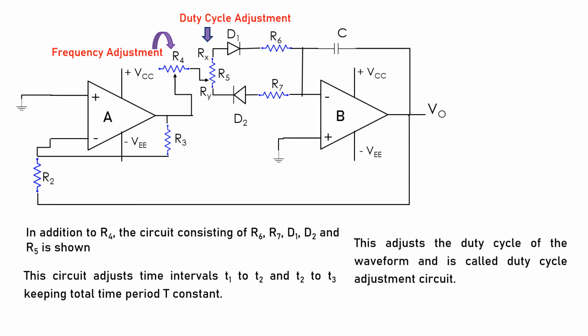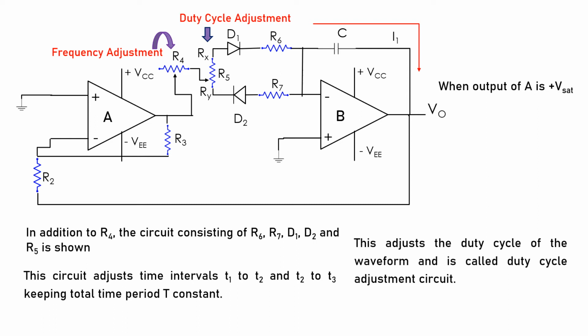Suppose the output of the Schmitt trigger, that is, the output of op-amp A, is plus Vsat. Then the diode D1 will be forward biased and D2 will be reverse biased. D1 acts as a short circuit, and a current I1 flows from the resistance R4 and half of R5 through D1, R6 and the capacitor to the output.